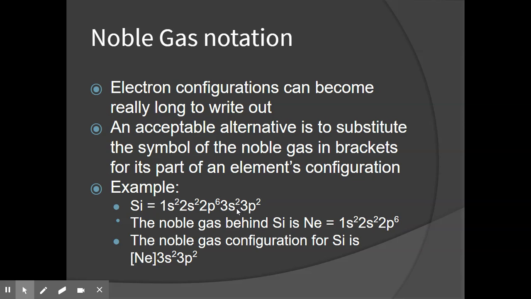And then what's left is what is not the core. This is the outer level. So another acceptable way to write the configuration for silicon would be neon in brackets and then 3s2, 3p2. You can only do this for the part of the configuration that represents a noble gas.